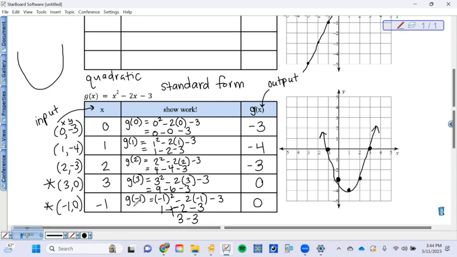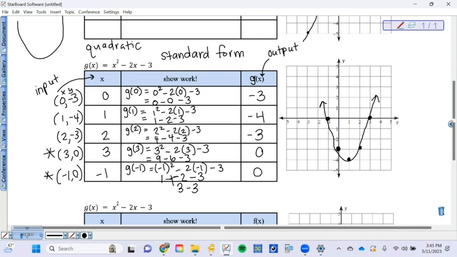So if my x-intercepts are at 3 and at -1, that means in factored form, this is going to be (x minus 3)(x plus 1).